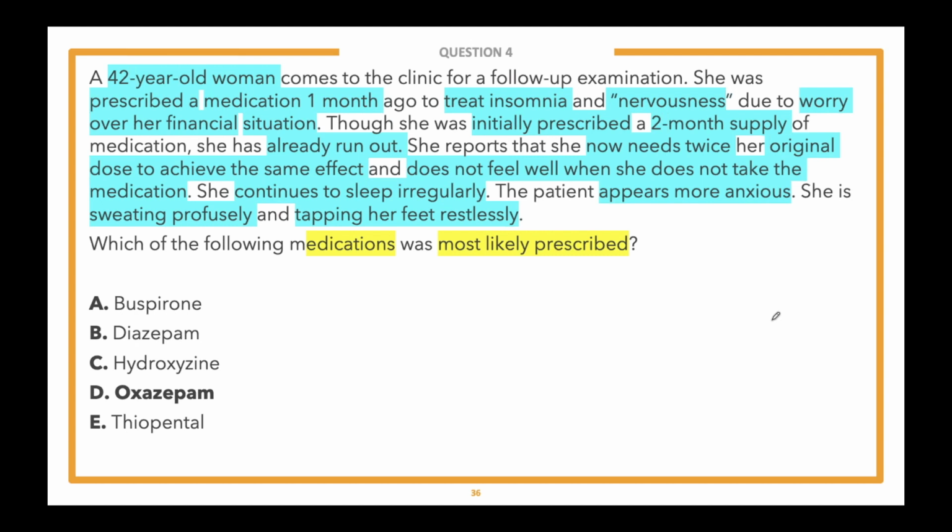Diazepam, you could be thinking about diazepam in terms of benzodiazepine dependence, but remember, that's a little bit of a longer acting benzodiazepine, okay? So less likely to be one of the culprits for benzodiazepine dependence. Lastly, answer choice A, buspirone.